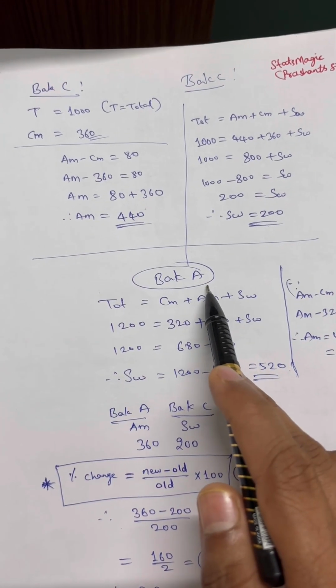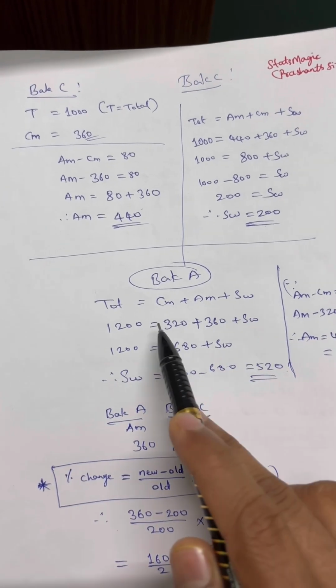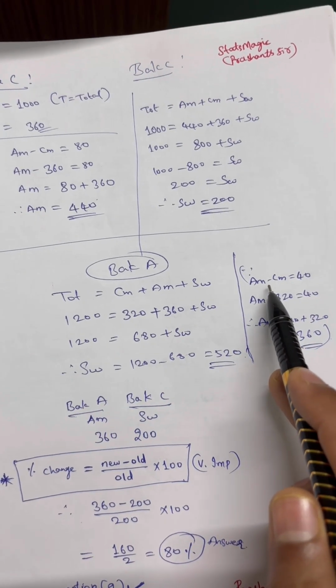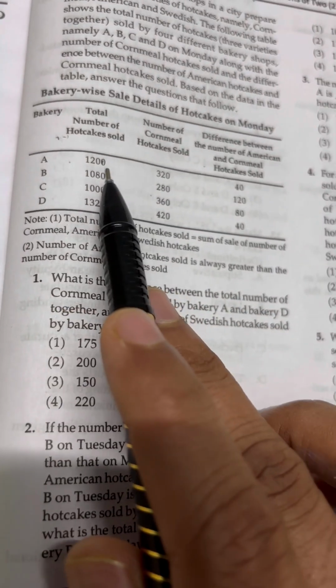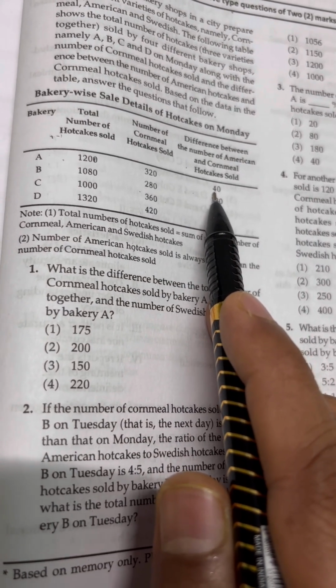Now let's get into bakery A. For bakery A also, total equals corn meal plus American plus Swedish. From the table, for bakery A corn meal equals 320. American minus corn meal difference they give as 40. For A the total is 1200, corn meal 320, and American minus corn meal is 40.